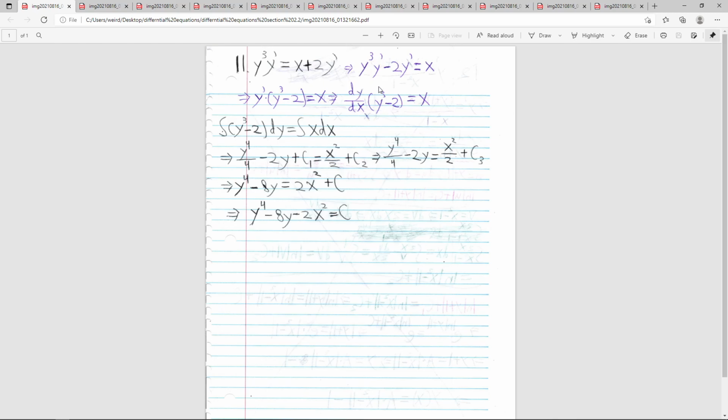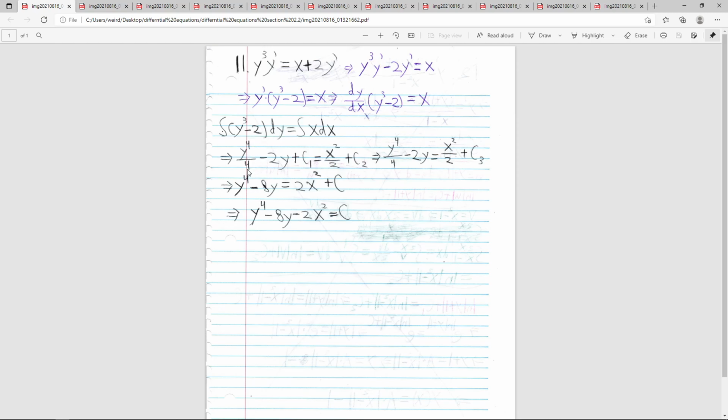The solution we're left with ends pretty early because of this, but we can subtract 2y prime from both sides. Then we distribute out y prime, so that's y prime times y cubed minus 2 equals x. We get dy/dx, we separate the variables. So it's y cubed minus 2 dy equals x dx, and we have integrals.